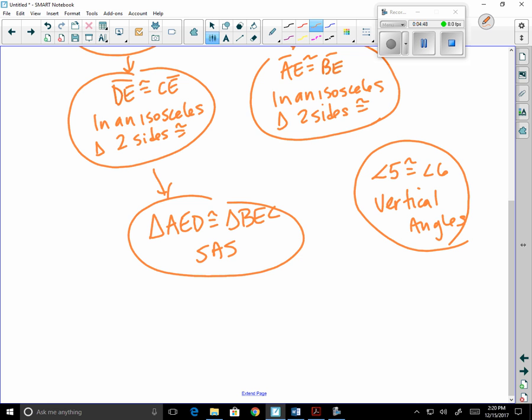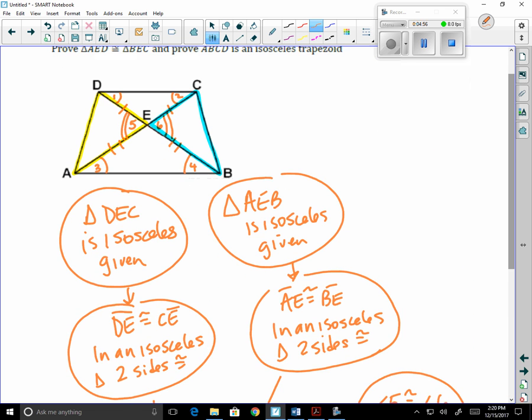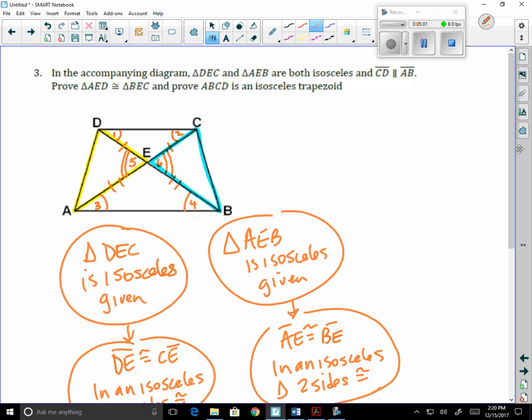I have 1, 2, 3 arrows pointing to it. Now that tells us that our triangles are congruent, which means all of their corresponding parts are congruent. So I can say that these two segments, AD and CB, are congruent.